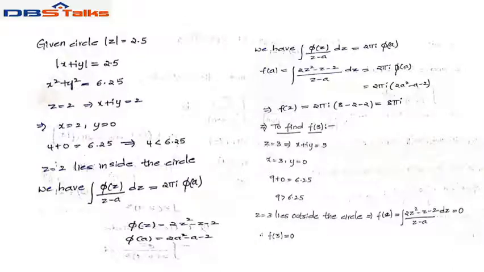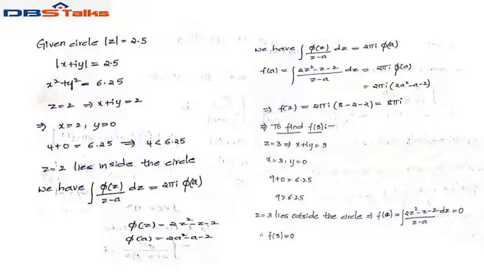Next, to find f of 3. Here a is 3. So in this equation z equal to 3, that means x plus iy equal to 3. Comparing real and imaginary, real is 3 and imaginary is 0. Then substitute in the circle equation, x square plus y square equal to 6.25: that is 9 plus 0, that is 9. 9 is greater than 6.25.